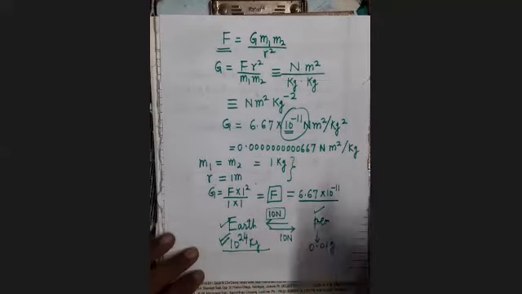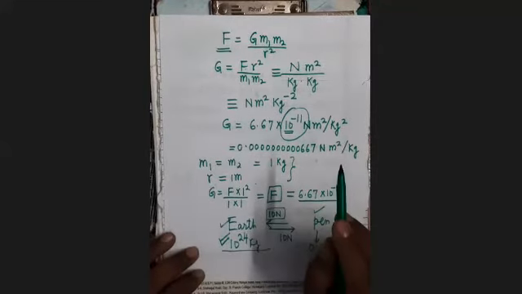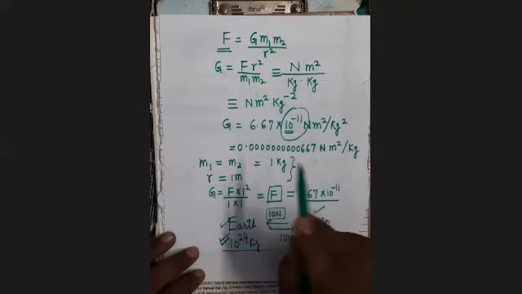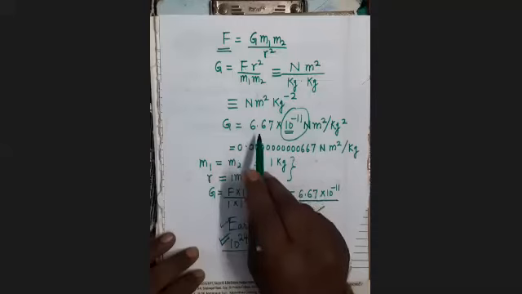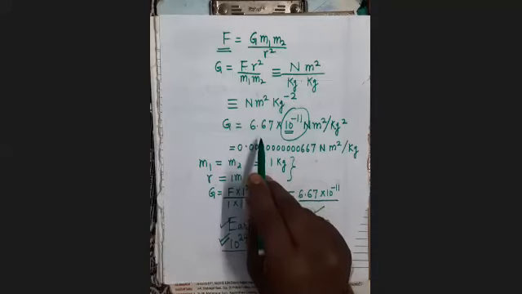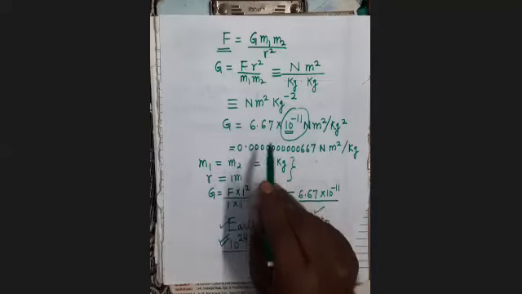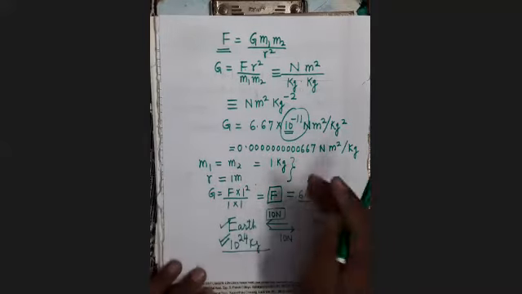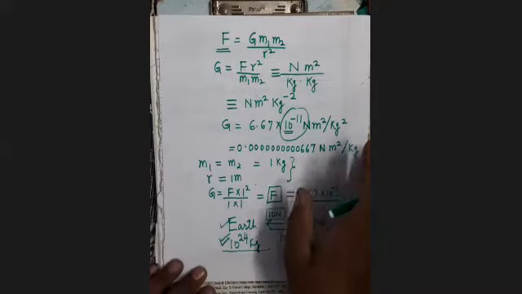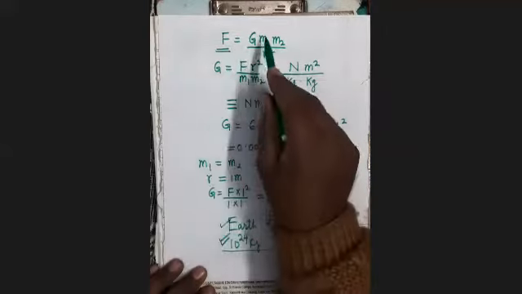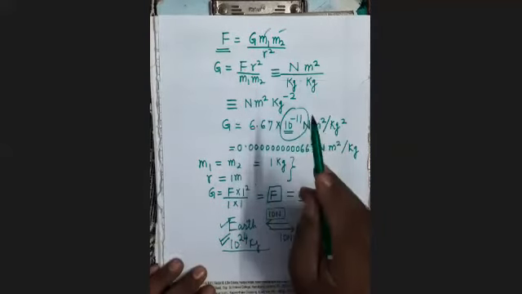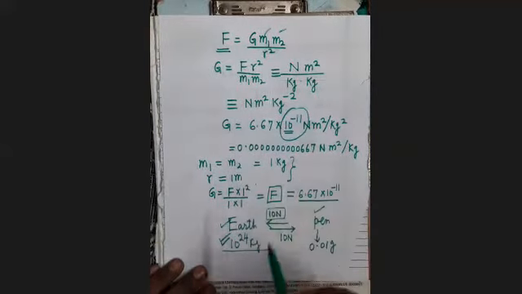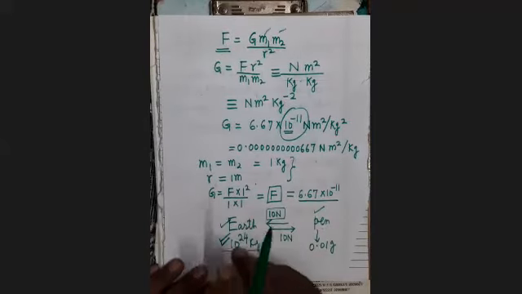So in the case of ordinary mass bodies, we don't experience this force because of the very small value of G. But if any one body out of these two is of very huge mass, then this force can be experienced.